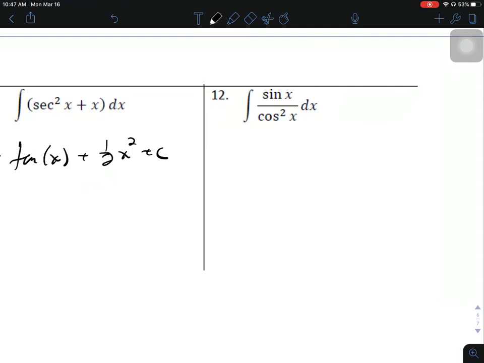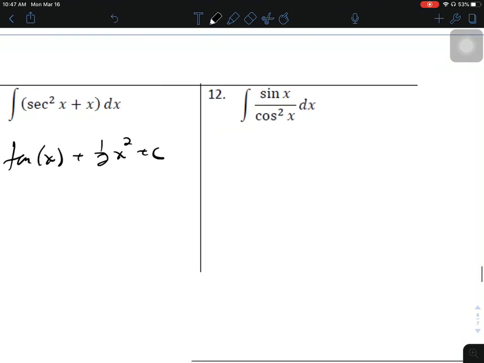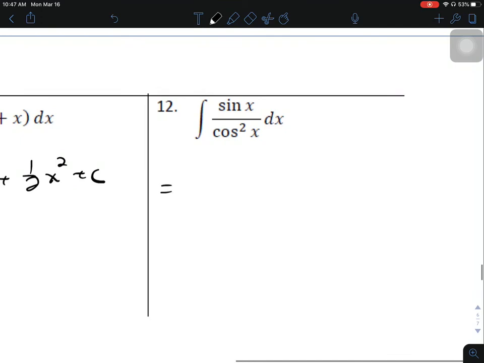Let's see, this next one, can't do it directly. Maybe if we manipulate it a bit, we can do it. So for example, I could change this to sine of x over cosine of x times 1 over cosine of x.